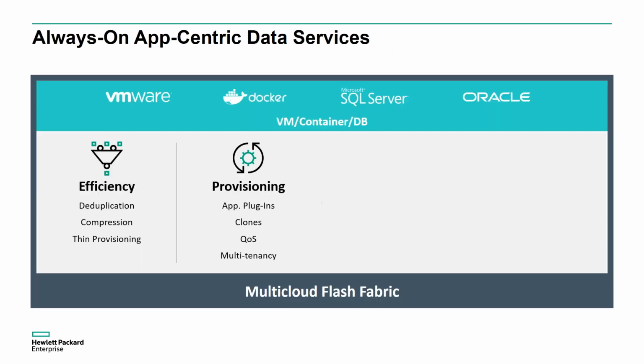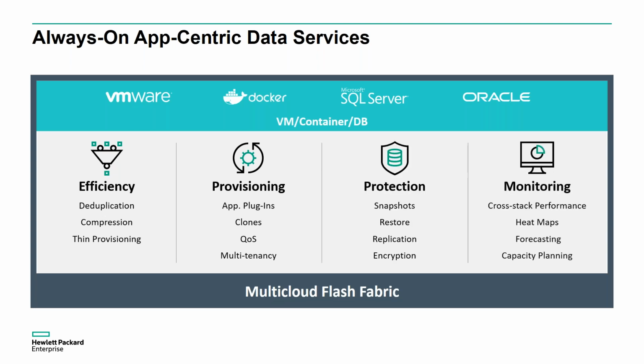And one of the core tenets of Nimble is that we have the industry's best, most granular data services, which are all inclusive within the array. And we do these data services on each array, so they're not different depending on the type of array you buy. But also we do event data services which are delivered to the application.